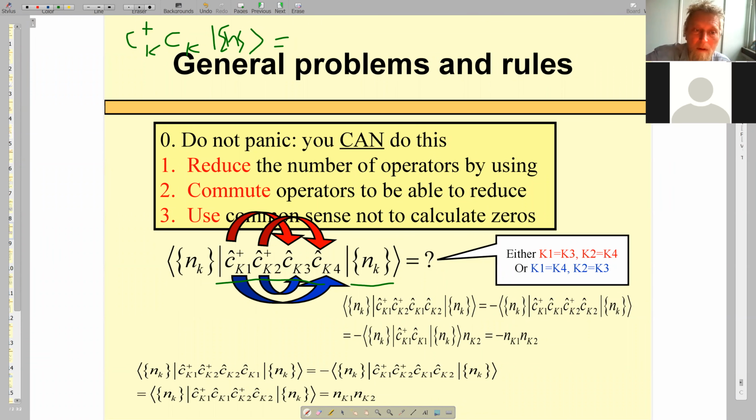It's just a number corresponding to the number of electrons at a certain level in the state. Sure, we replaced 2 operators with a number. We have reduced the number.